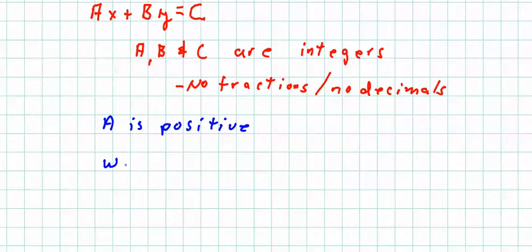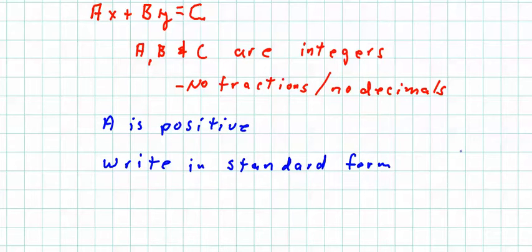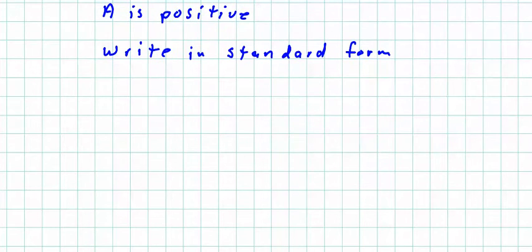Write in standard form. All right, first equation, y equals negative 2/3 x plus 4.